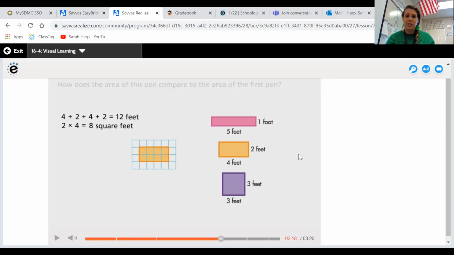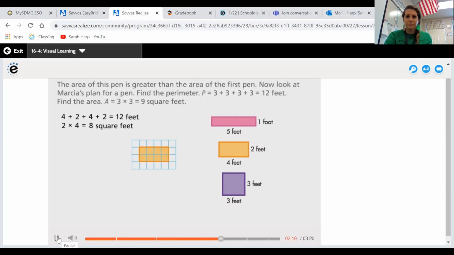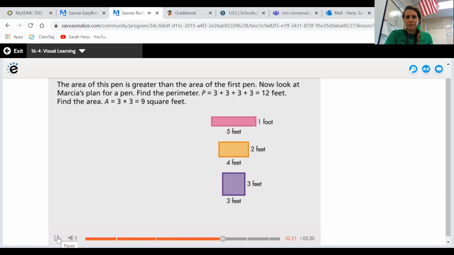And remember, our question is we're trying to find the greatest area. So think about that. If this first pink rectangle has an area of 5 feet, and the second rectangle has an area of 8 feet, which one's greater? The area of this pen is greater than the area of the first pen.